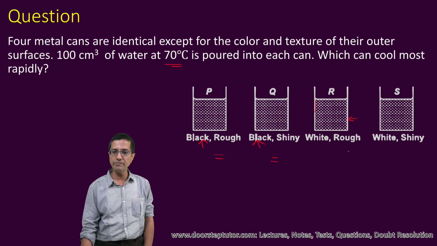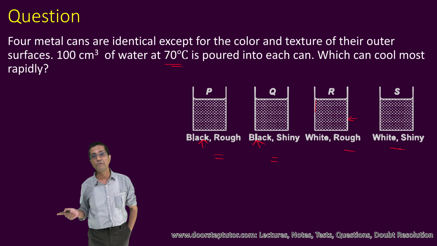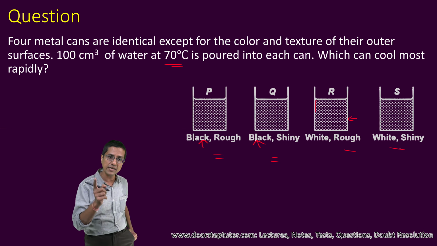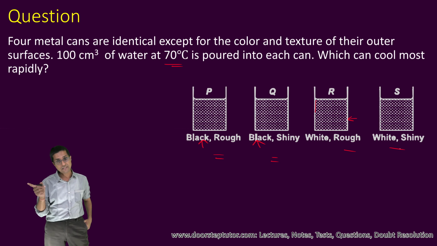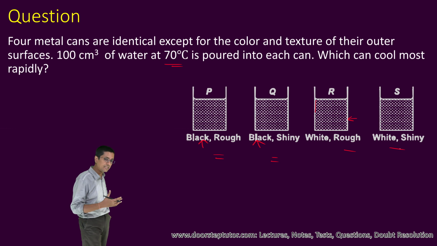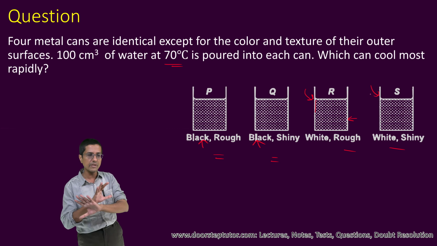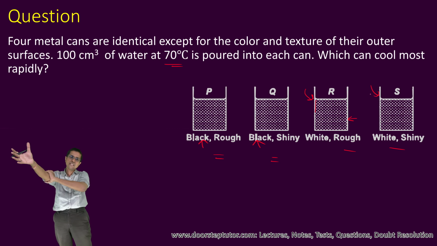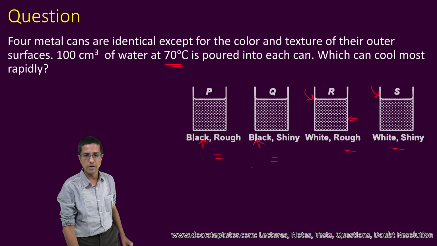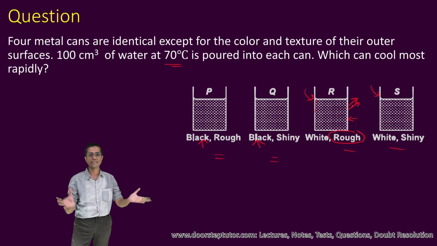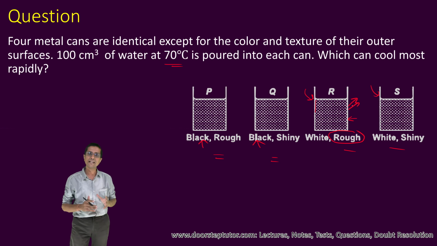So the competition is between white rough and white shiny. Out of them, white rough will win because the rough object has a larger surface area. In terms of absorption of energy they are both very good: they are not absorbing any energy, they are simply reflecting back all the radiation they get, which is why they appear white. But the rough object is very good at radiating energy because it has a larger surface area. So R would be the correct answer here.